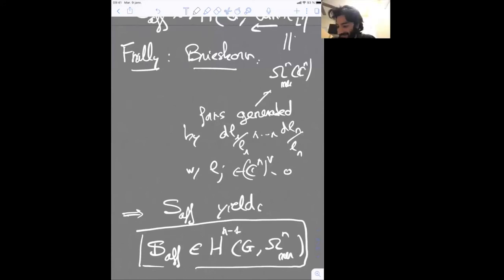And the third comment is rather trivial. In this Brieskorn theorem, is there an action of the permutation group on these meromorphic forms? Yes, the form I consider is a wedge product, so it's anti-symmetric.